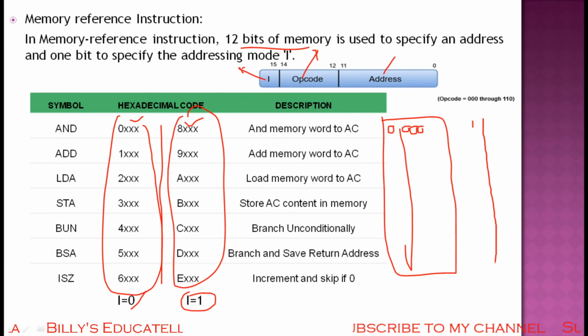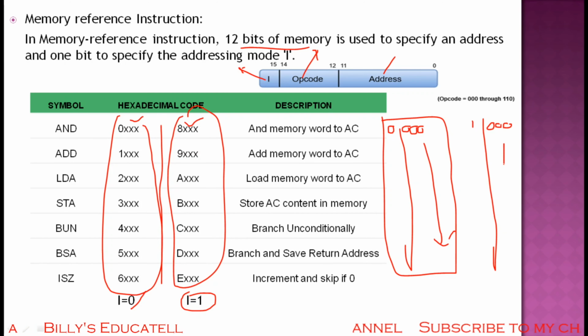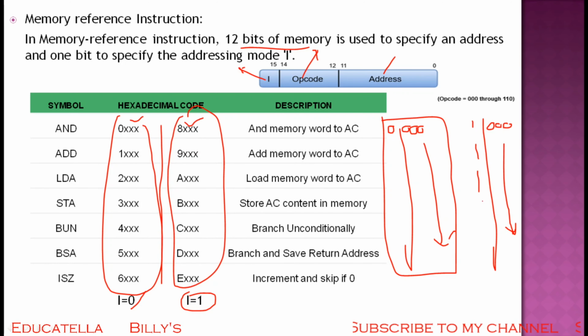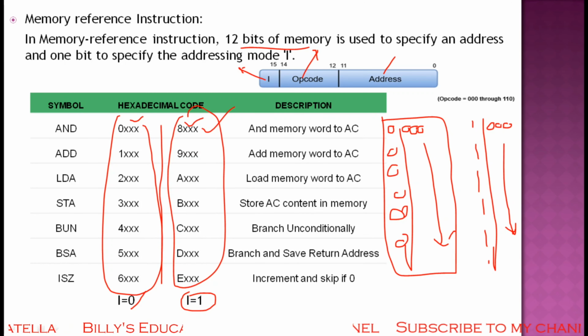When the I bit value is 1, here this column values will be the same here and here, but this column values all will be 1. Coming to this column, here these values will be 0. Here 0 0 1 0 1 0. Similarly the remaining will be filled.